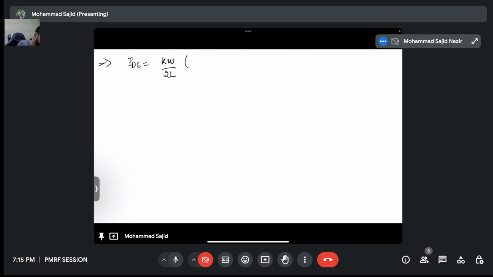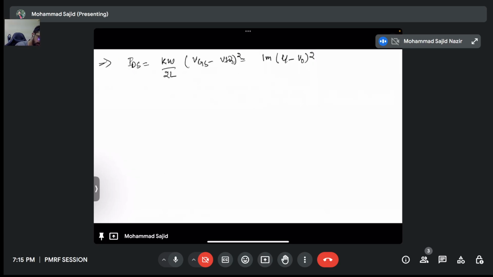So my IDS is kWL. And how can I write IDS here?